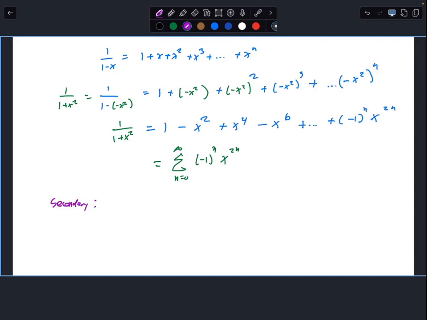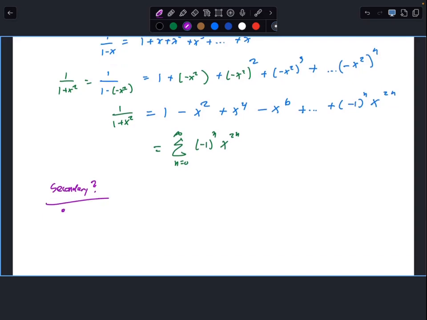Secondary questions could be the alternating series error. I can now ask you that because it's an alternating series. I can also ask you the value of f, the kth derivative at 0.